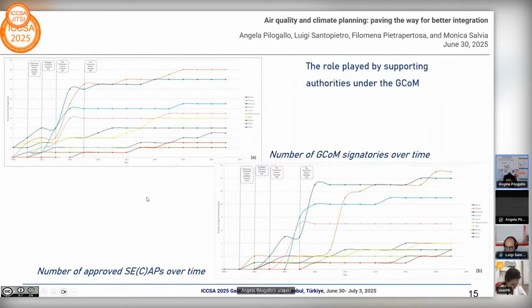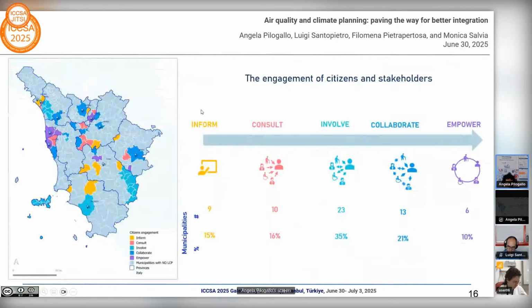These are, for example, the chronological evolution of the number of signatories and approved plans over time, considering the role of territorial coordinators. These are the results concerning the citizen engagement from inform to empower.